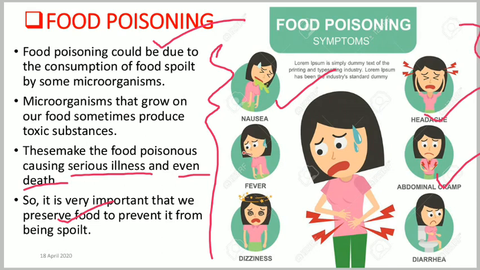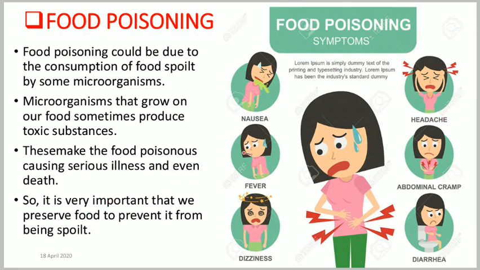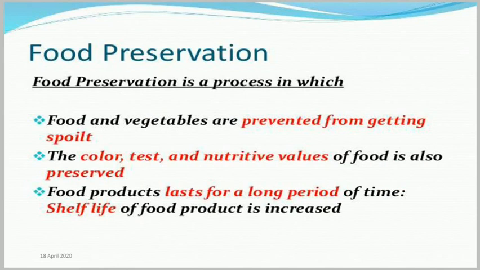If these things happen to you, you might be infected with microorganisms through food. So that is known as what? Food poisoning. Remember these points, students. So how can we prevent the growth of those microorganisms?